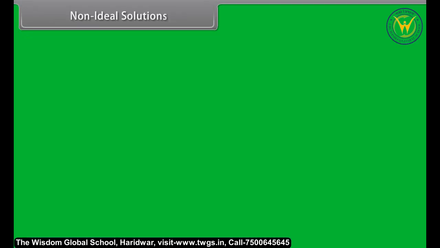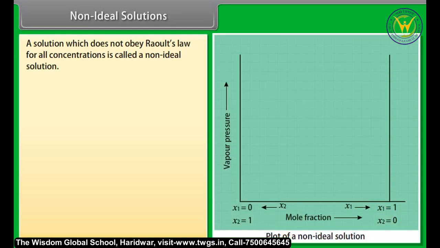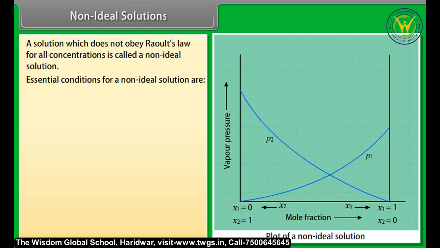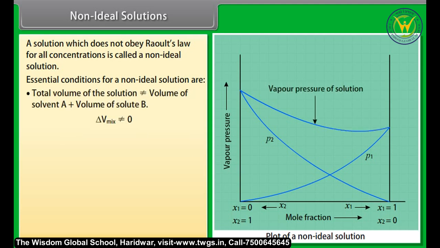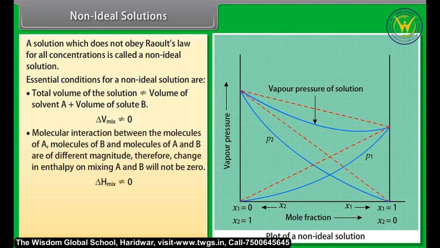Non-ideal solutions. A solution which does not obey Raoult's law for all concentrations is called a non-ideal solution. Essential conditions for a non-ideal solution are: the total volume of the solution should not be equal to the volume of solvent A plus the volume of solute B. Molecular interaction between the molecules of A, molecules of B, and molecules of A and B are of different magnitude.